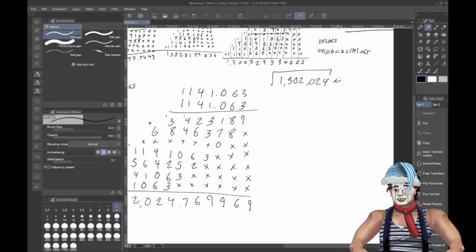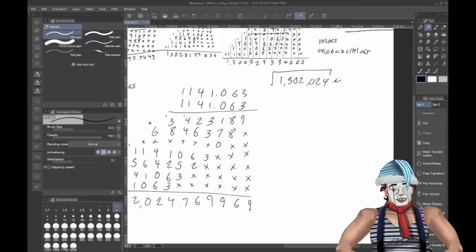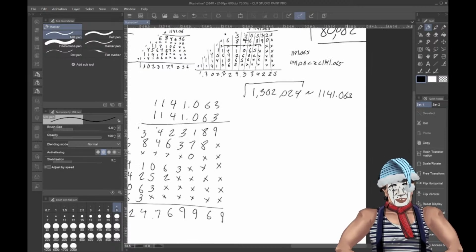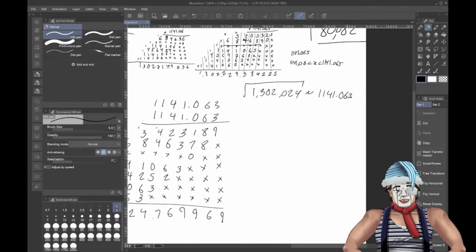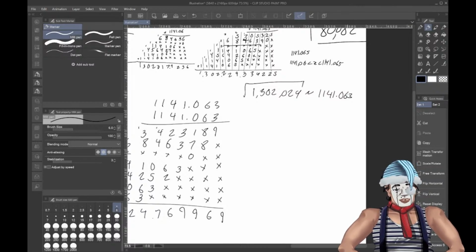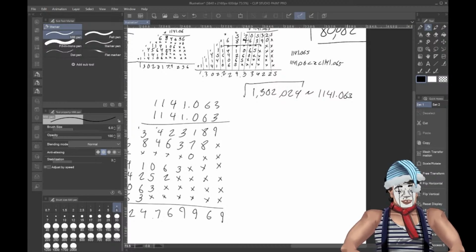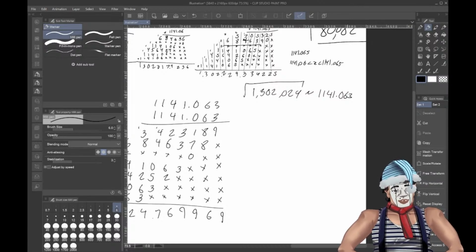Okay, let me test it. Take out the calculator. Okay. Square root of that.